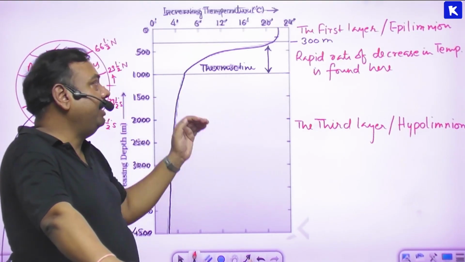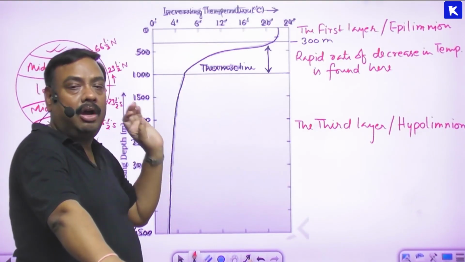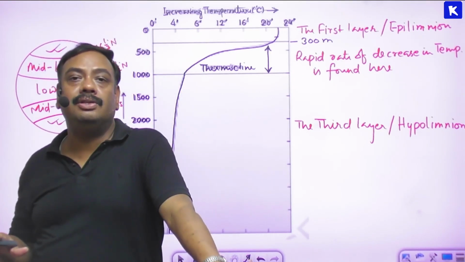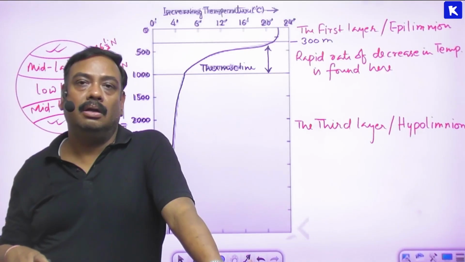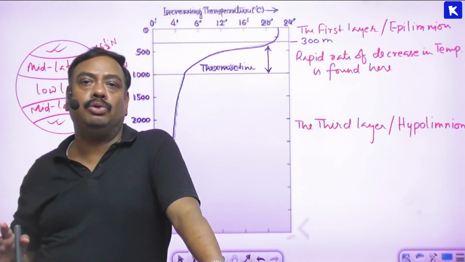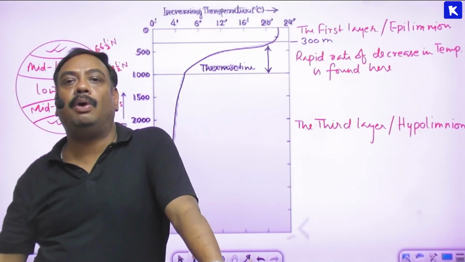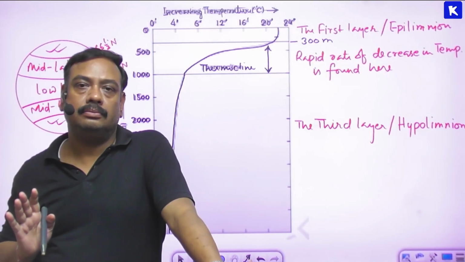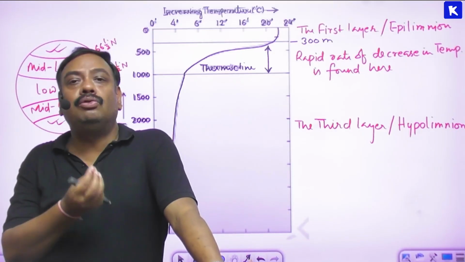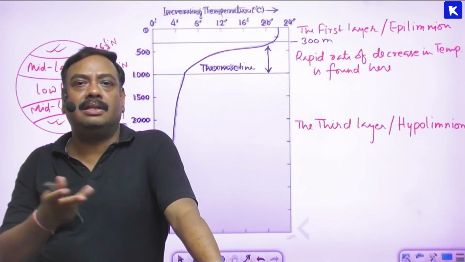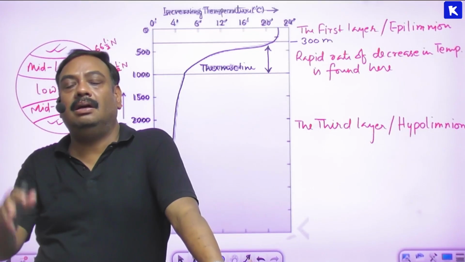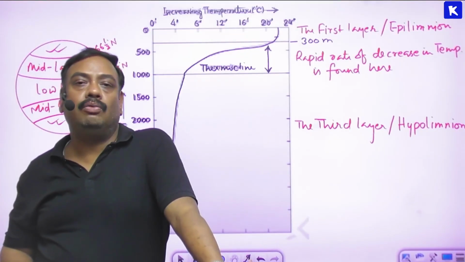So what kind of trend of temperature is seen in the frigid zone? Geographers say that the frigid zone or the high latitudinal regions are those where there is only one layer of temperature for the whole of the ocean water from the sea surface up to its bottom. Only one layer. Because only a meager amount of heat energy is received at the surface, and only this amount of heat energy is transmitted towards the bottom.